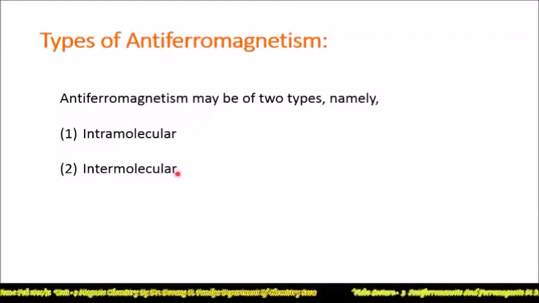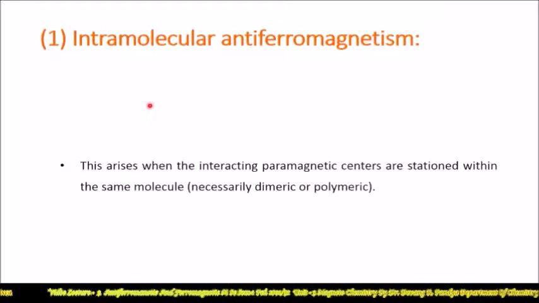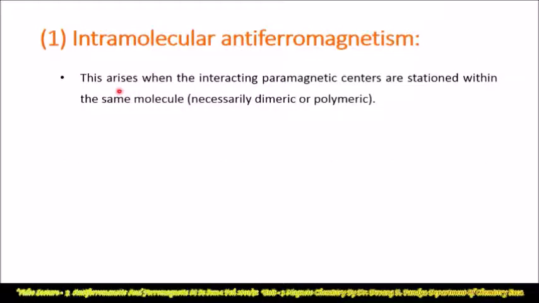We are going to discuss both with examples. First one, intramolecular antiferromagnetism. Intra means within a single molecule, internally it is going to indicate antiferromagnetic behavior. This arises when the interacting paramagnetic centers are stationed within the same molecule.